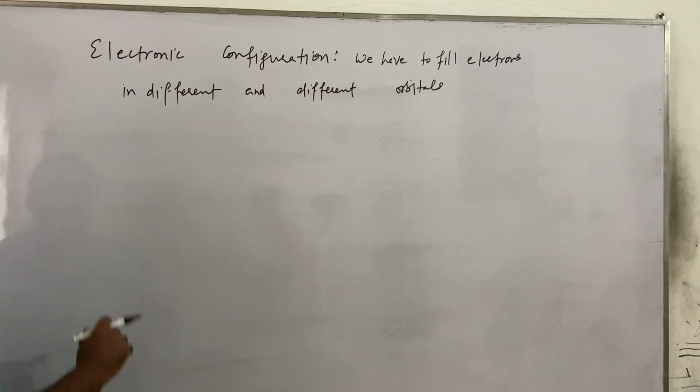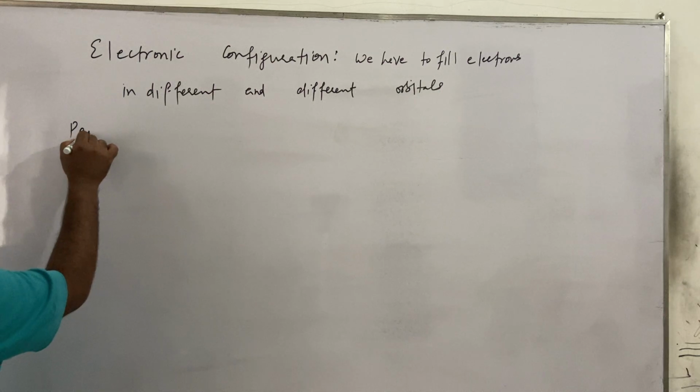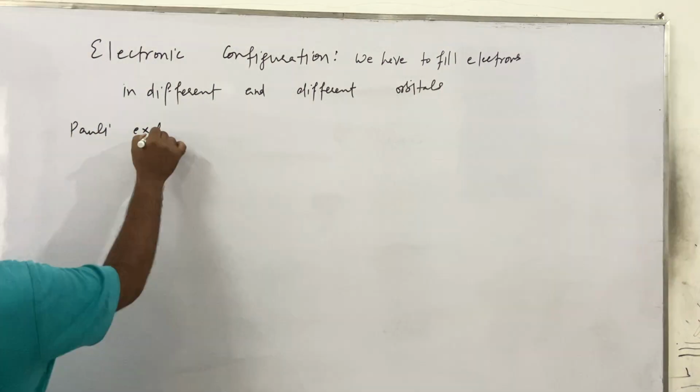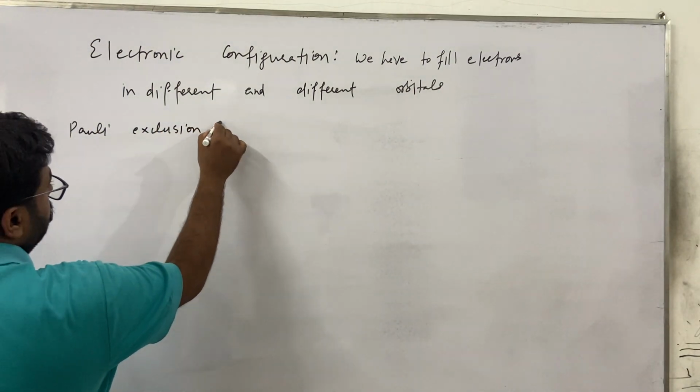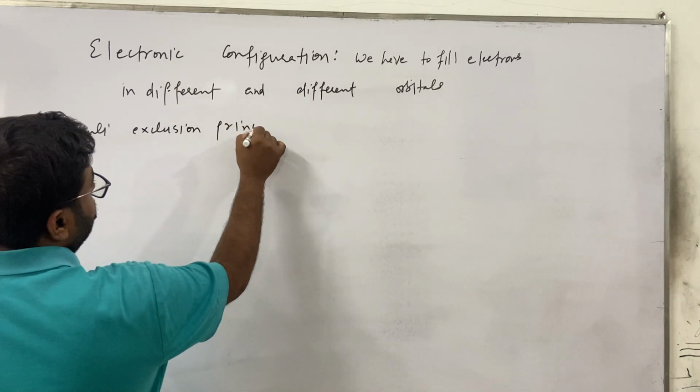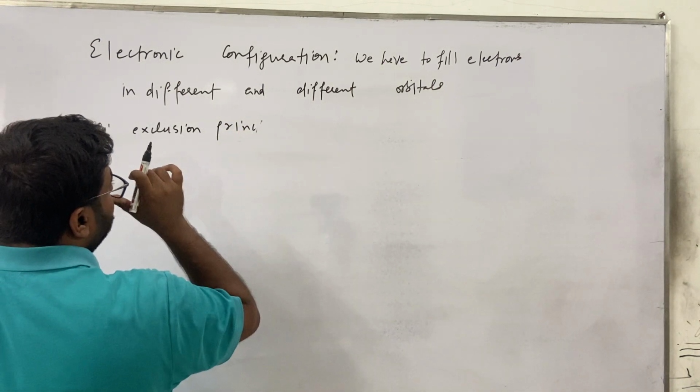One of the rules is the Pauli exclusion principle.